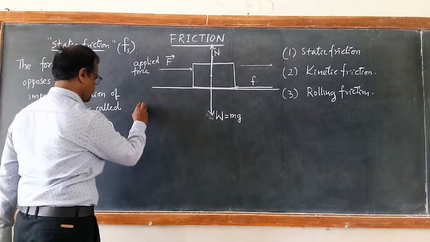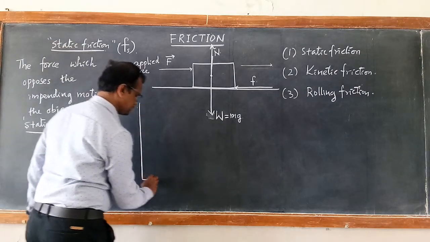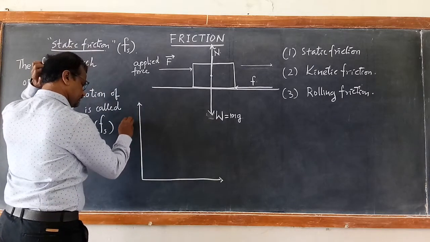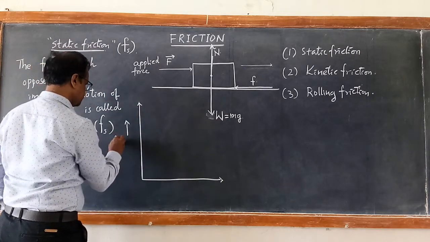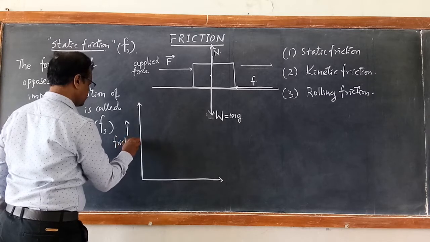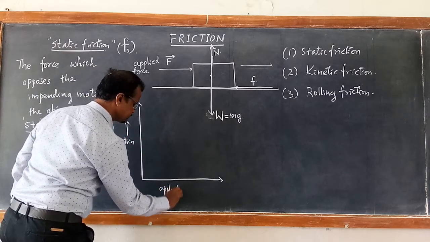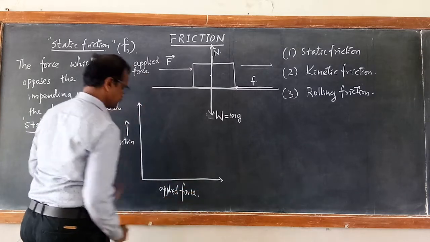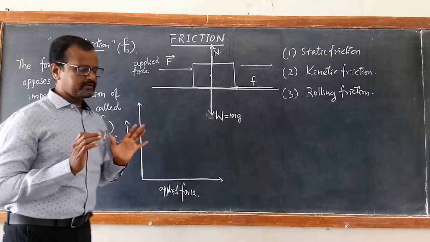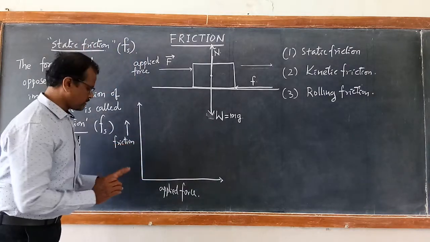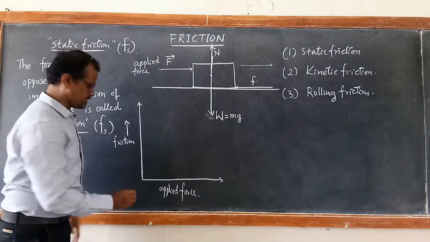Then how is this static friction? If you draw a graph of friction against applied force, as you go on applying a small amount of force, initially when no force is applied, the object is at rest.